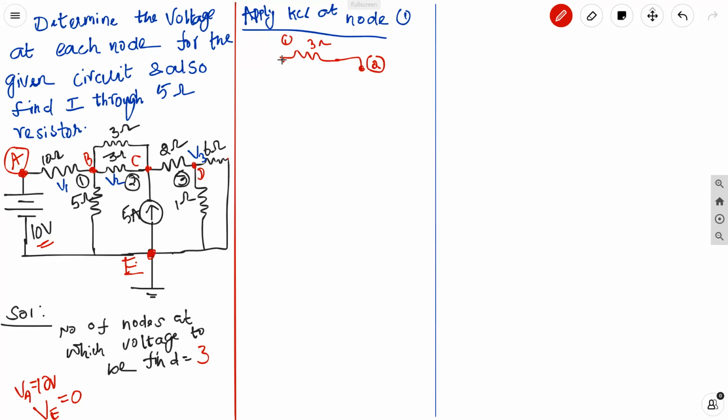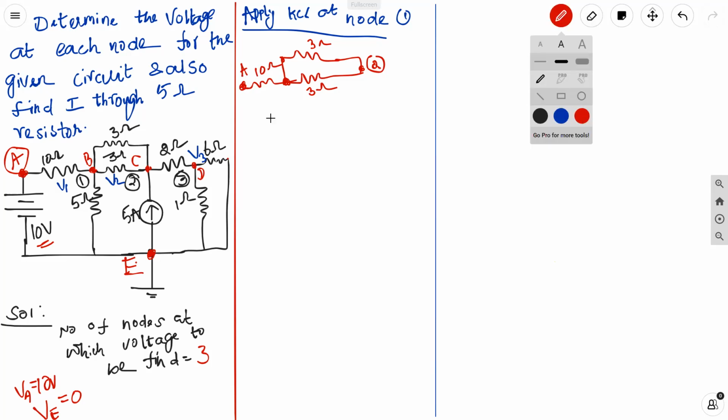Similarly, one more 3 ohm resistor is connected to node 1. Then there is a 10 ohm resistor connected between node 1 and node A. And one more component here, a 5 ohm resistor, which is connected to the zero potential node, whose voltage is 0 volt.